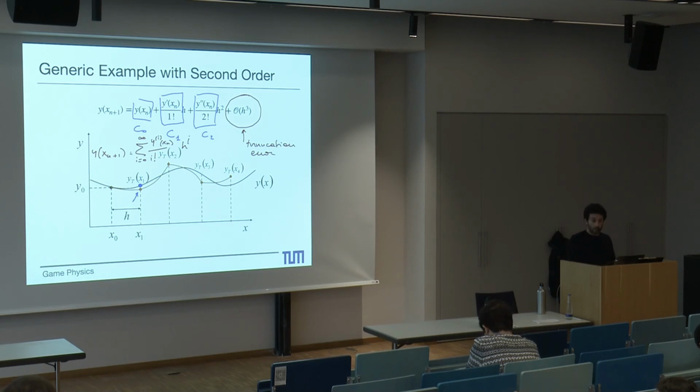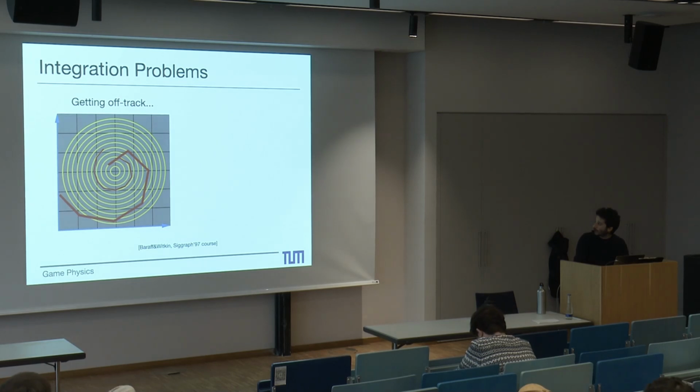This is important to consider, because depending on the truncation error, a bunch of problems can come up. So for instance, let's take this plot. Here, if we were able to integrate exactly following the gradient lines, then we would go round and round in a perfect circle. But as you can see, because of the integration error, our solution is getting off track and going farther and farther from the center each and every step.